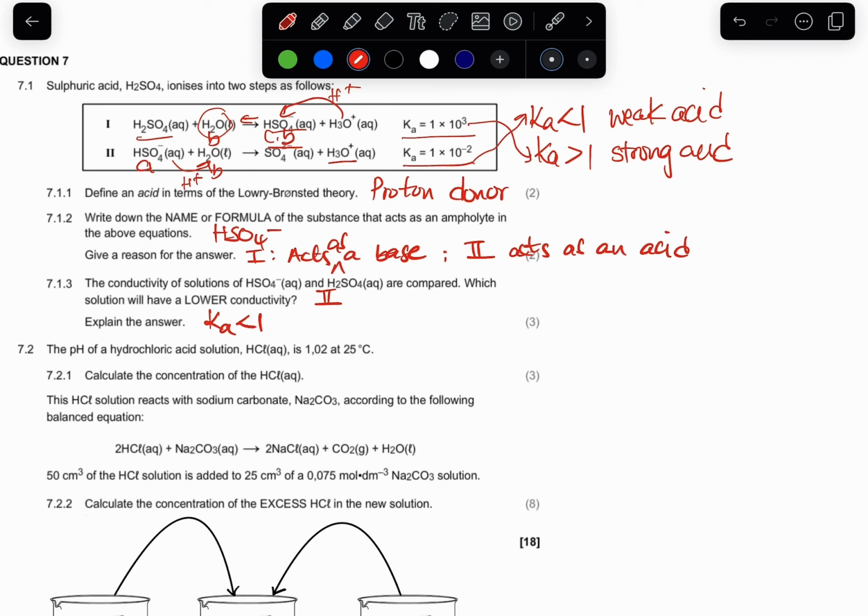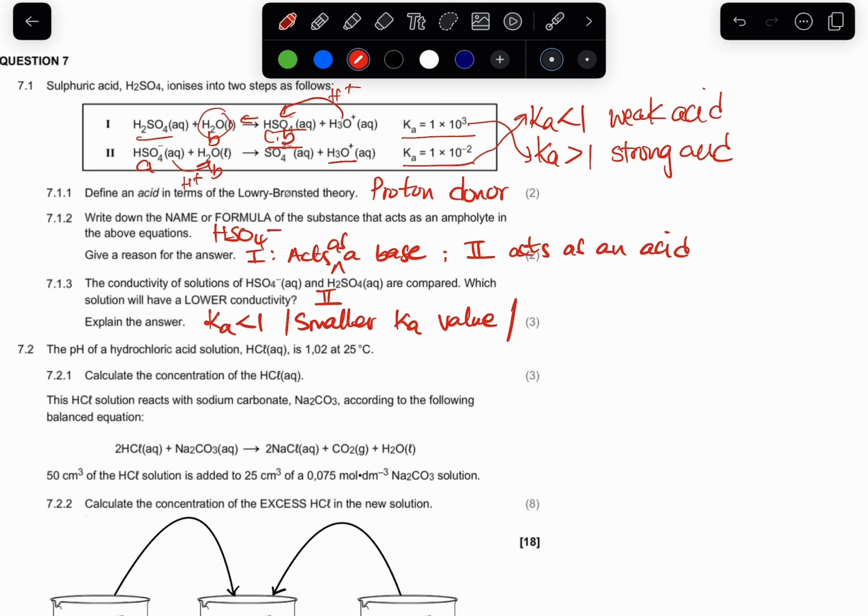If it has a lesser Ka value, or you can say a smaller Ka value, it's a weaker acid.